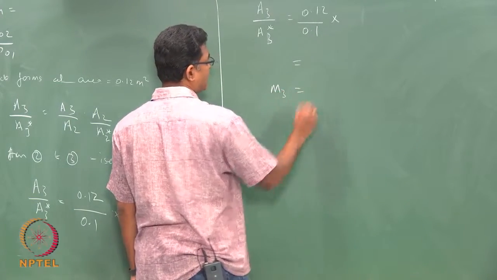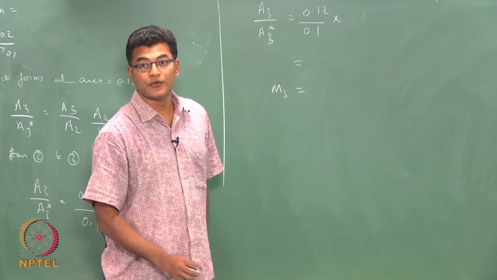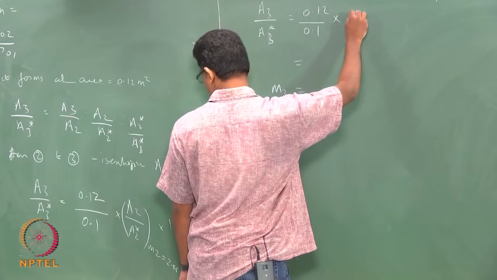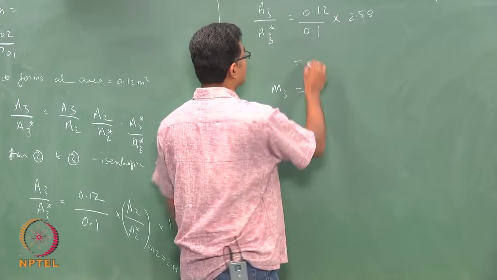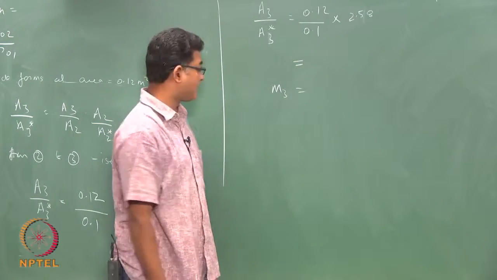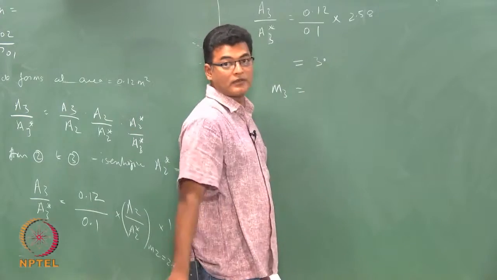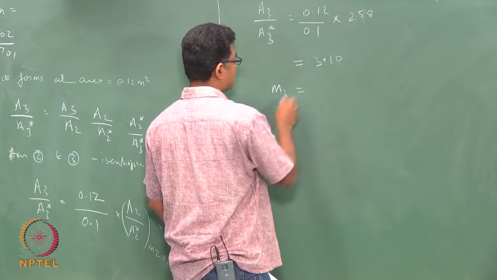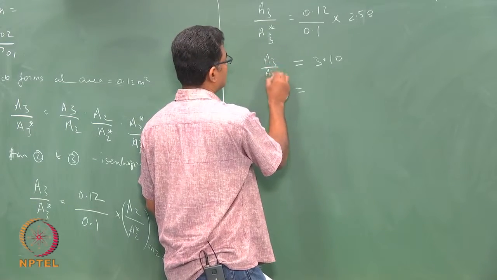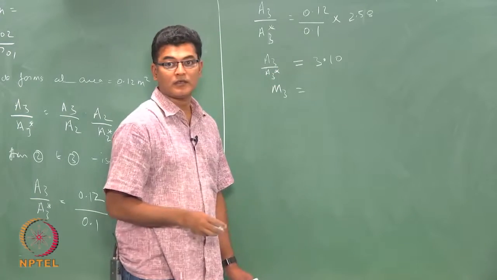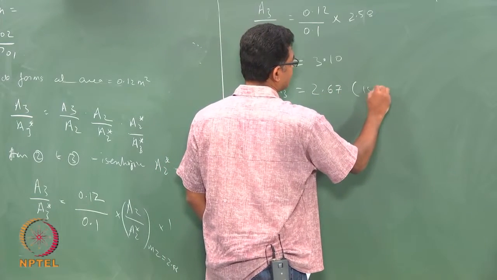This would give me an M3 from the isentropic tables. This corresponds to a Mach number of 2.67 from isentropic tables.